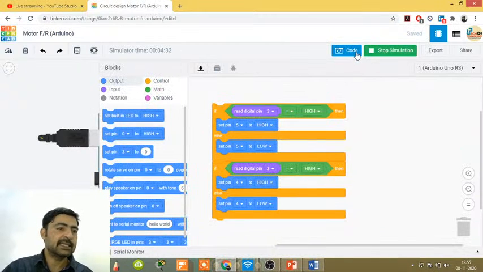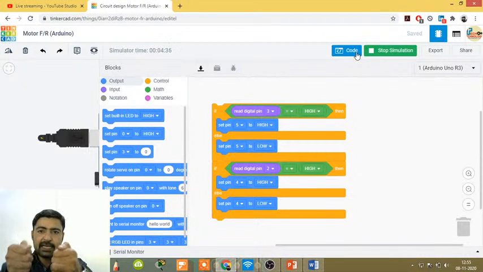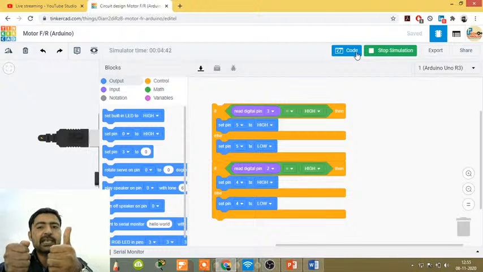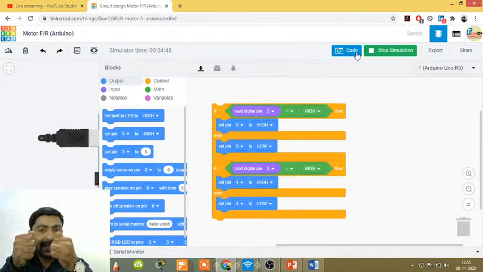Write in the comment section. If we press both buttons at a time, let's say I have one button and another button. I'm pressing one button, the motor is running in clockwise direction. I'm pressing another button, the motor is running in anti-clockwise direction. If I press both buttons, then what will be the condition of the motor?